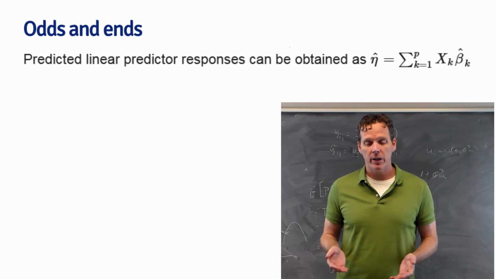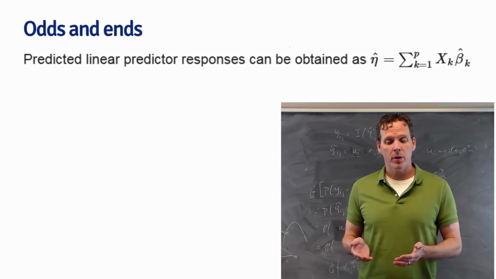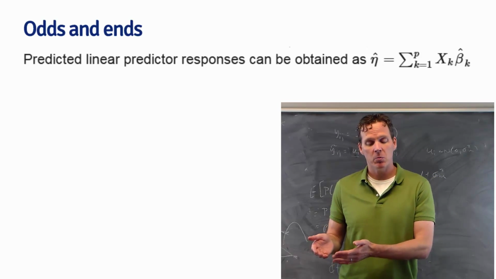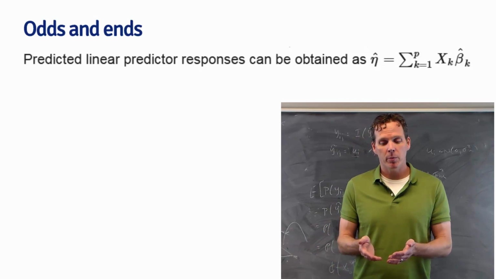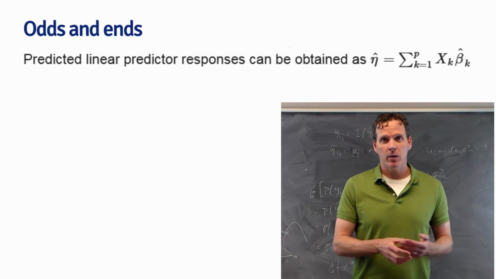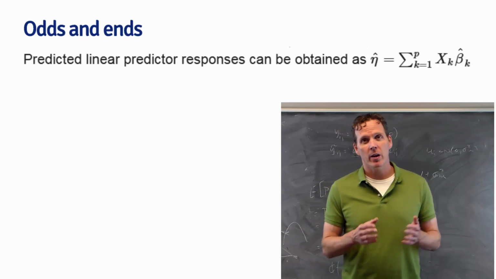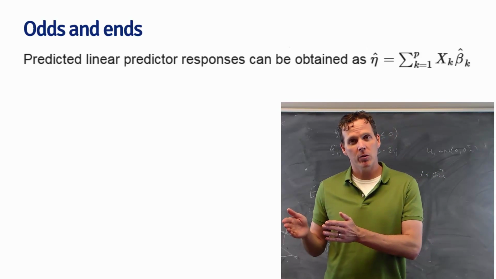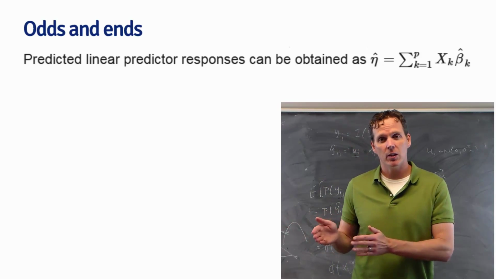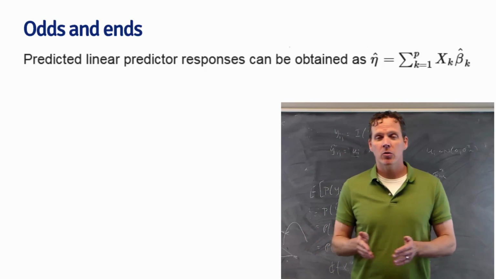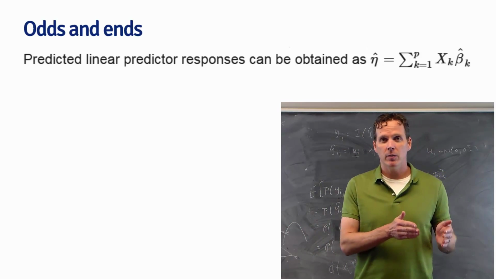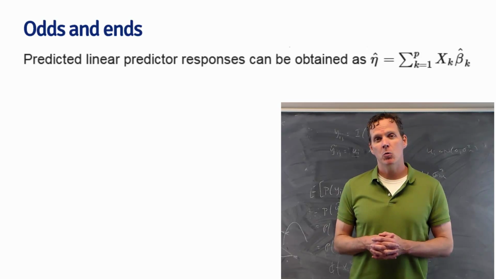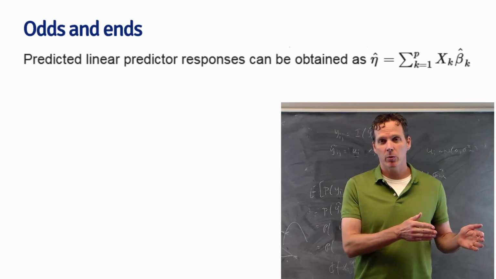If we want to get our predicted response, we're just going to take our estimated coefficients, beta hat, multiply them times our regressors, and that will give us our predicted response. Now, notice this is going to be on the logit scale if you're doing, for example, logistic regression, or the log scale if you're doing Poisson regression. So you'll have to convert it back to the natural scale if you want it to be on the same scale as the original data.